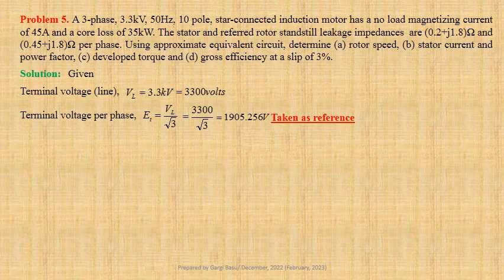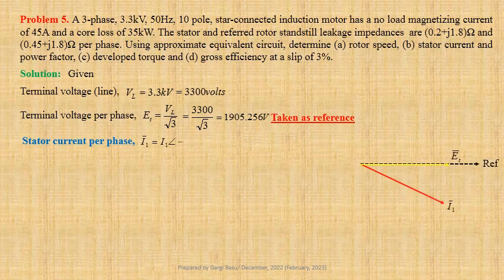In polar form, we can write stator current per phase I1 equals I1 at an angle minus phi1 equals 144.65 ampere at an angle minus 30.36 degree. For star connected induction motor, stator current per phase equals stator line current.